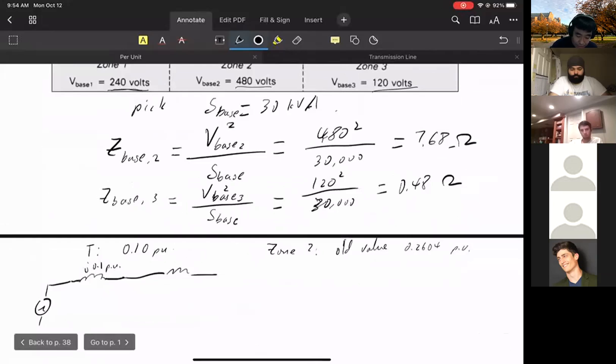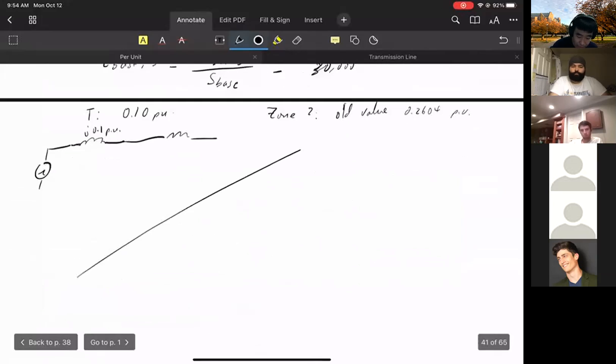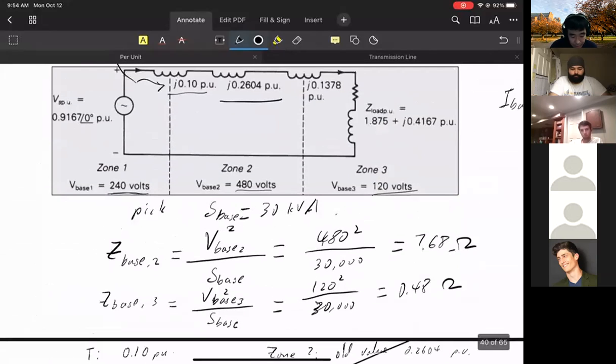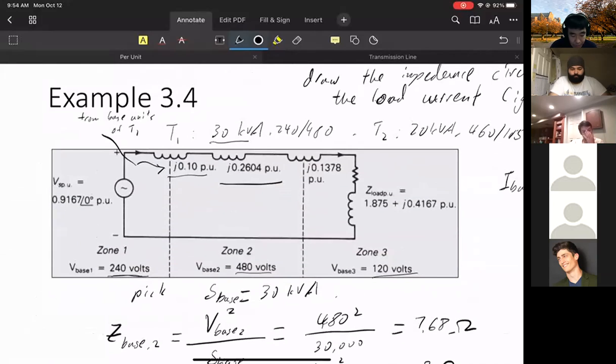So I think I need to redo this example. Let's skip this for now. During the break, I'll check this and redo this example. I think I copied the wrong diagram. I think I copied the answer rather than the question. So I'm confusing myself at this point. Sorry about this.